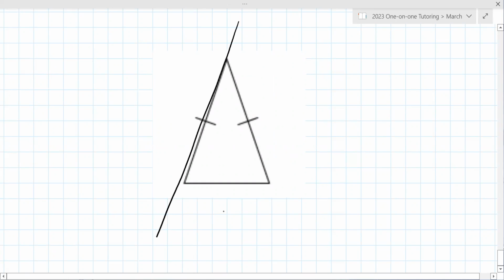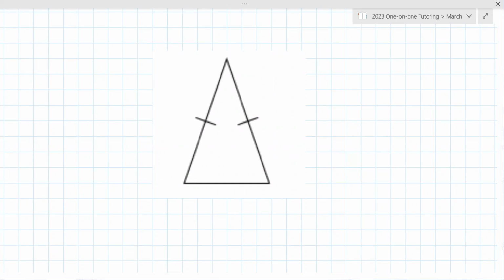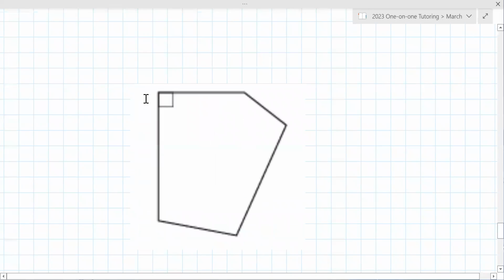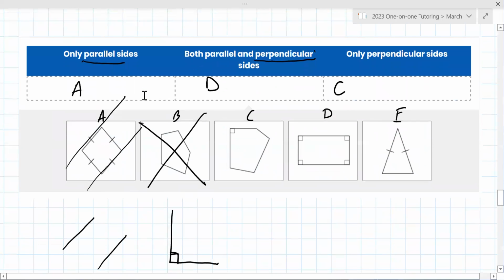Like, does that one ever intersect with something, or this one on the bottom, or this one on the top? Are there any parallel lines that never intersect? No. Are there any 90-degree angles? No. So this last one doesn't fit anywhere. So nothing on that.